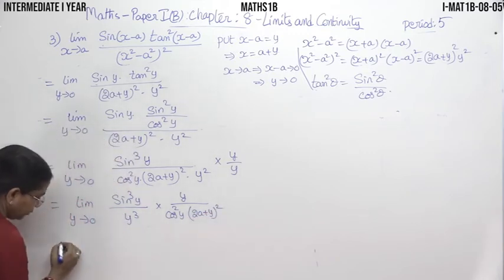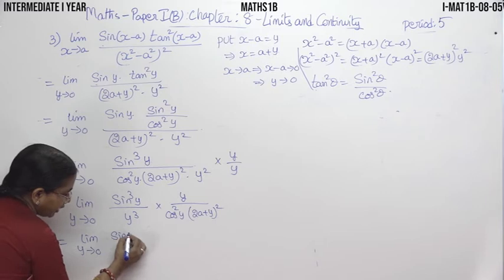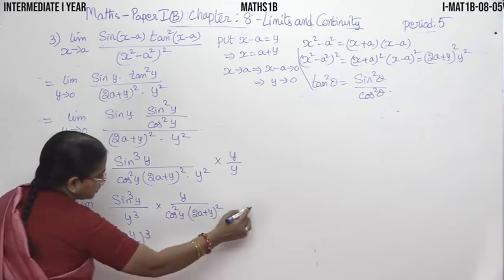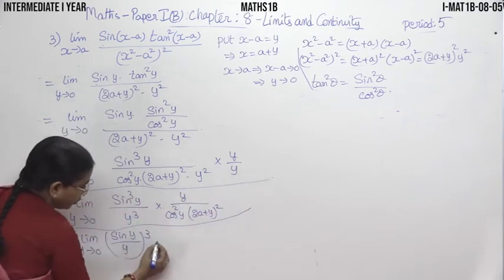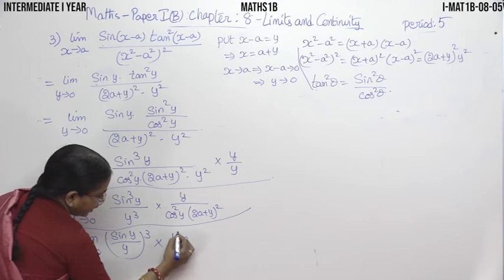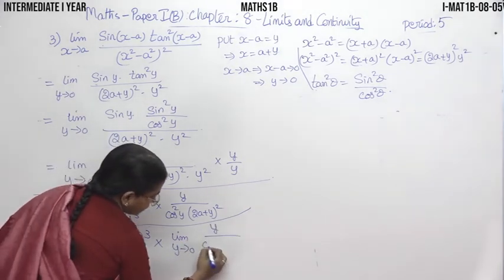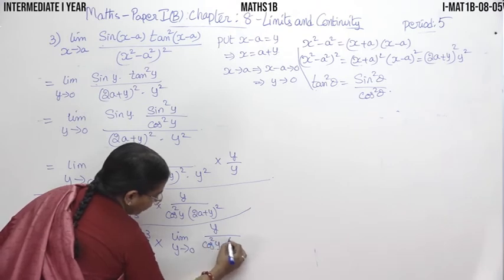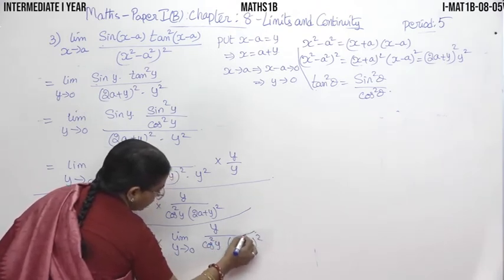Now we'll write the limits separately. Because it is in the standard form, we'll write sin y by y whole cube, into limit y tending to 0 of y by cos square y into 2a plus y whole square.